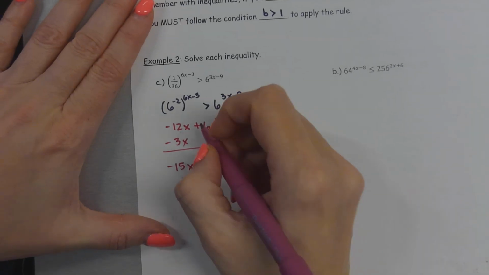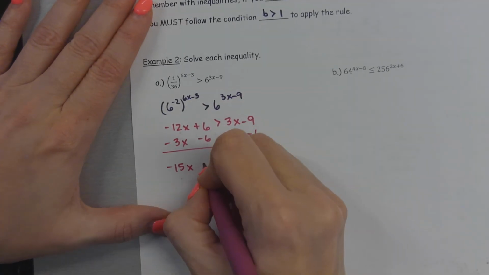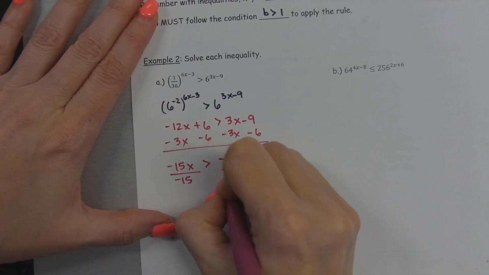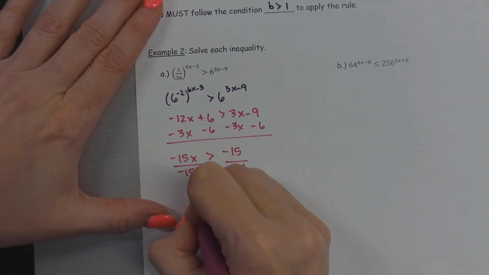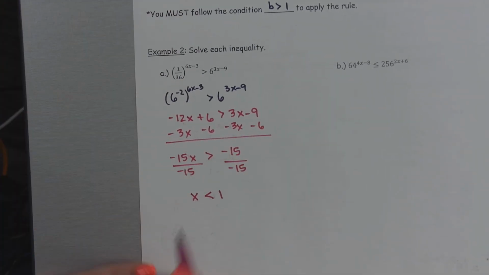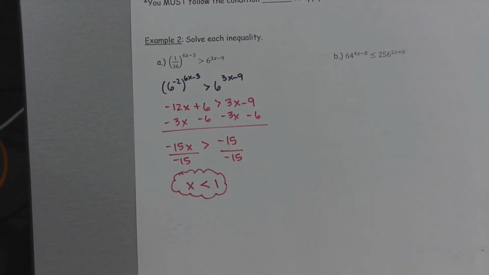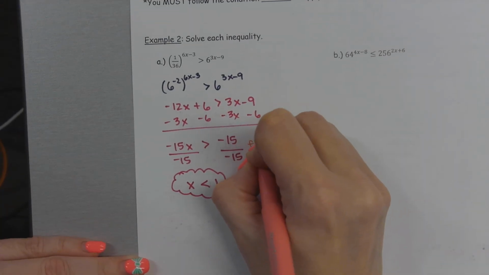Even though that is going to make them negative here. And when you divide by a negative, the sign is going to flip. So this is your final answer. Okay, so when you divide by a negative, you have to flip your sign.